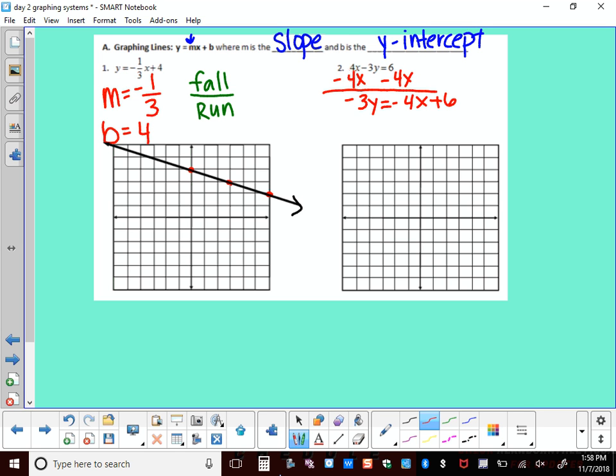Right? Divided by negative 3. Don't forget that negative. So I'm left with positive 4 over 3 x, right? That negative negative cancels out. Minus 2, because 6 divided by negative 3 is negative 2.